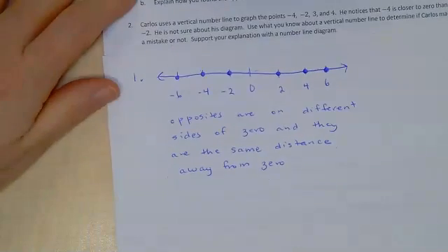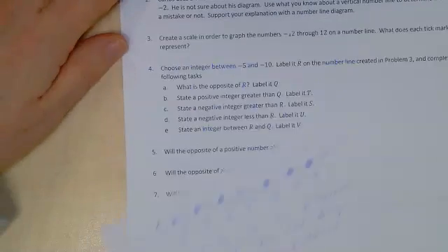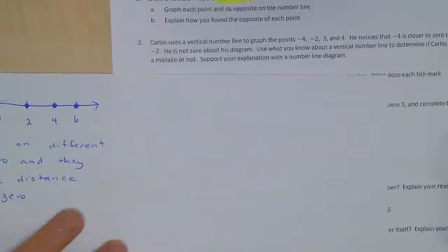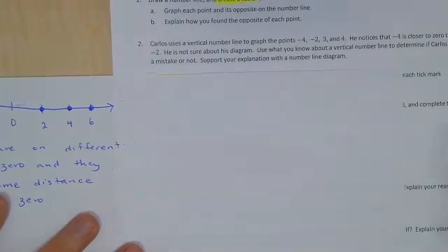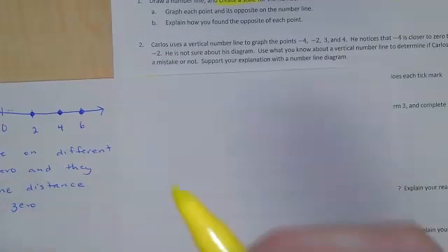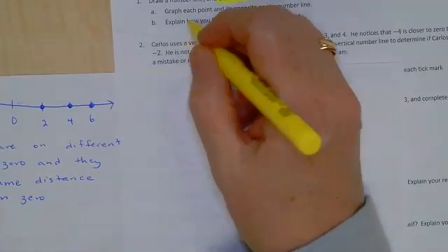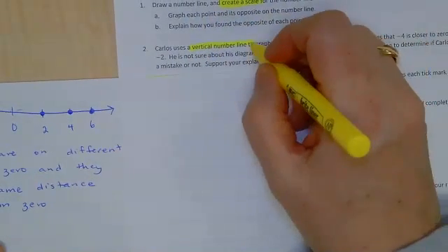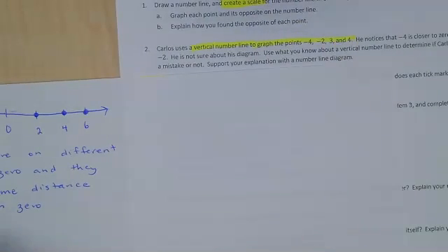Let's take a look at question number 2. And again, you're doing this in your composition book. You're going to take a picture and send it to me. So here's number 2. Carlos uses a vertical number line. Okay, so you know what that means. And we're going to graph these points. So let's set that up.